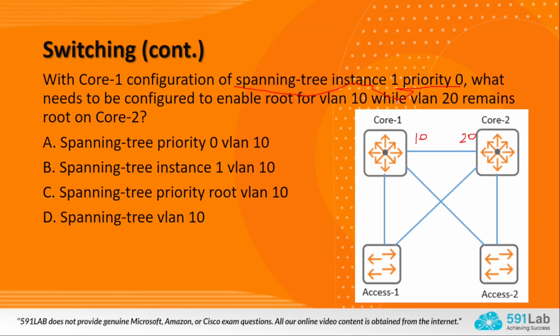This is wrong. Option D, spanning-tree VLAN 10. This command is used in Rapid PVST configuration, but here it is MSTP. So this is not correct. The correct answer is option B. Next question is from routing.